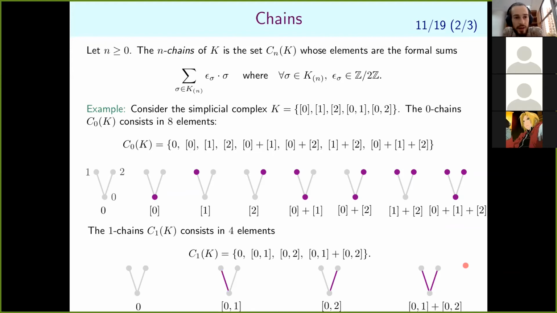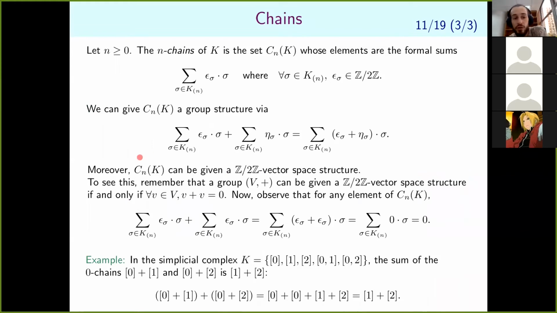Now we are going to give the chains a vector space structure. First, we give Cn of K, the n chains, a group structure via the following formula. If you take two chains, then I say that their sum is this chain.